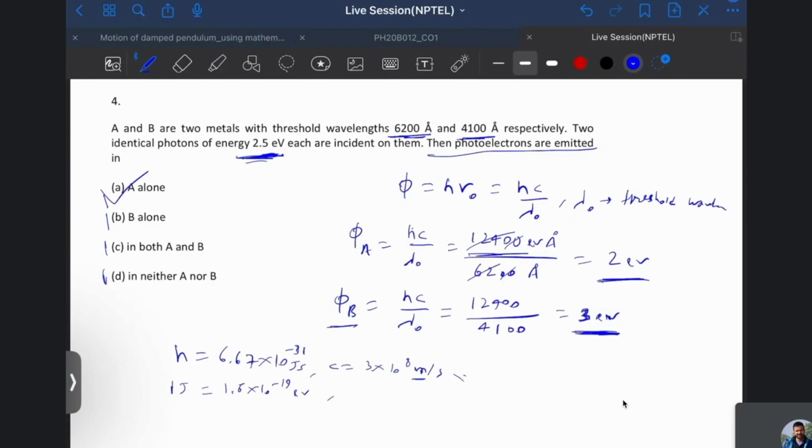By multiplying by 10 to the power 9 for nanometer, right? So this way you will get this value, 12,400. Okay, you can do this by hand, by using a calculator. You will get the same value. Okay, this was your confusion, right?